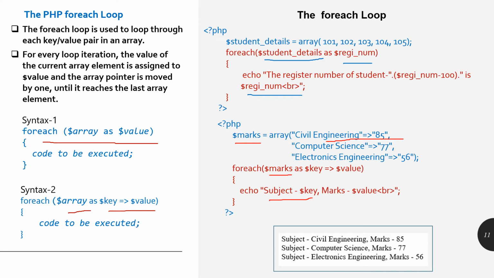So we will get output as subject, where key means civil engineering, computer science, electronics. These are the keys, then the corresponding marks. For that particular subject, the marks is 85. That is the meaning. So you can use the foreach loop with either of these syntaxes.